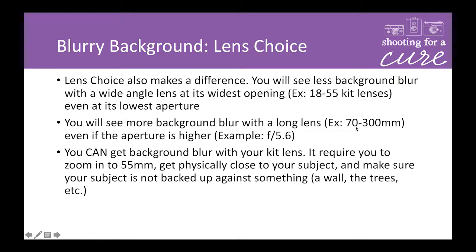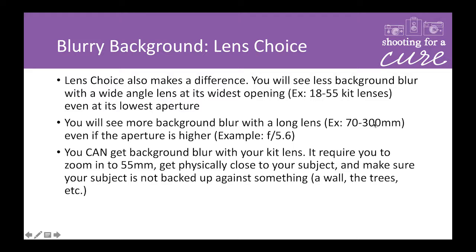You'll see more background blur with a long lens. So those of you with a 70 to 300 or an 18 to 200, things are going to be a lot more blurry when you're zoomed in to 200 to 300 than they are at 70. That's a way that you can really make your subject pop off the background, by zooming in with your long lens, even if the aperture is a little higher.